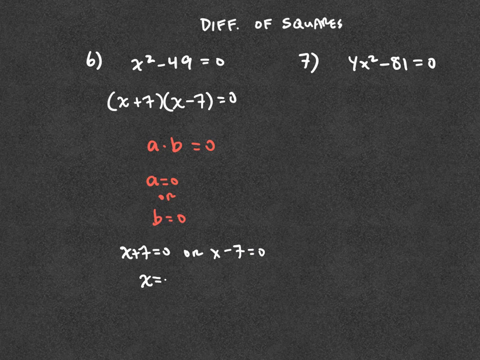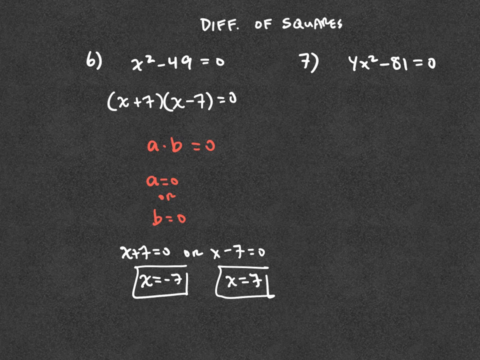Therefore, x has to either equal negative 7 or x equals a positive 7. The same answers we would have gotten if we would have added 49 and then taken the square root. So those would be the solutions to that quadratic equation.